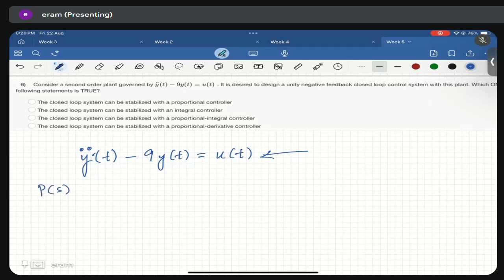What is P(s) here? Plant transfer function. It is 1 by s square minus 9. So we need to find out the type of controller. We assume that the controller transfer function is some C(s). Now if we find out the closed loop transfer function, what will it be?